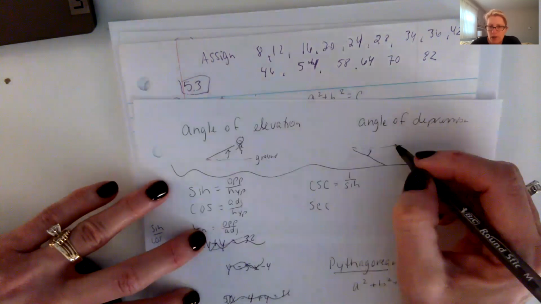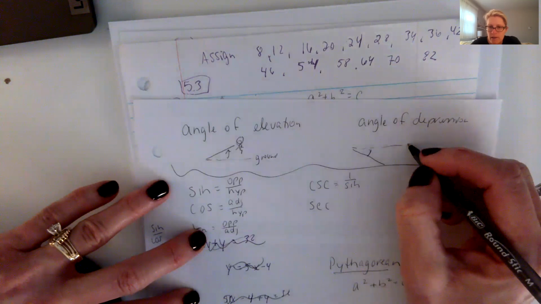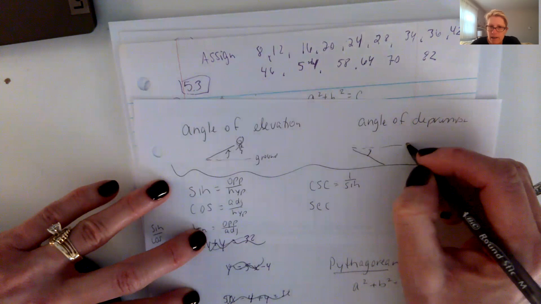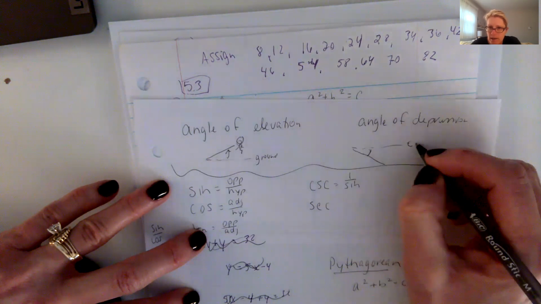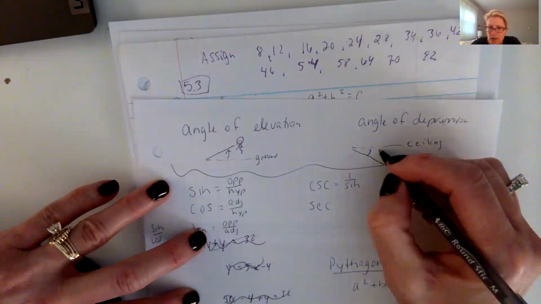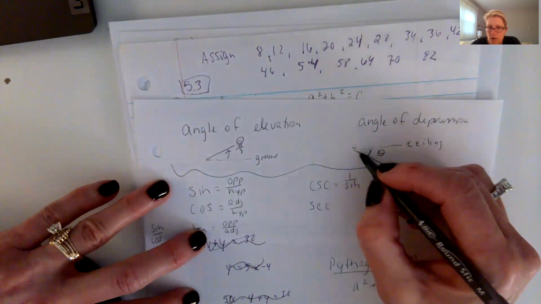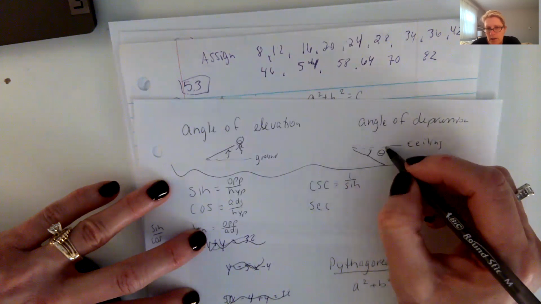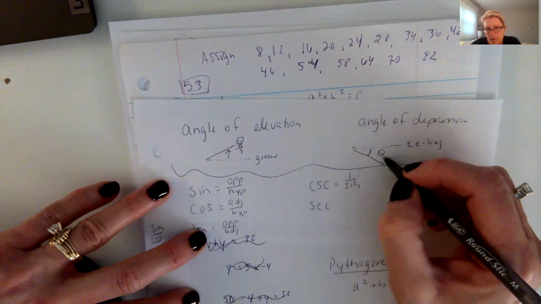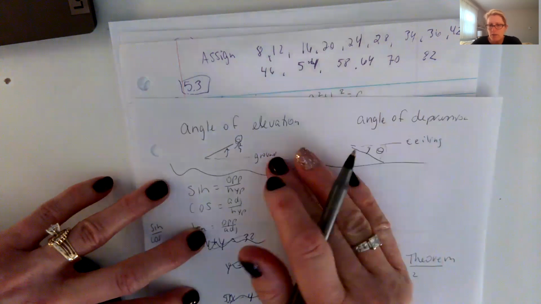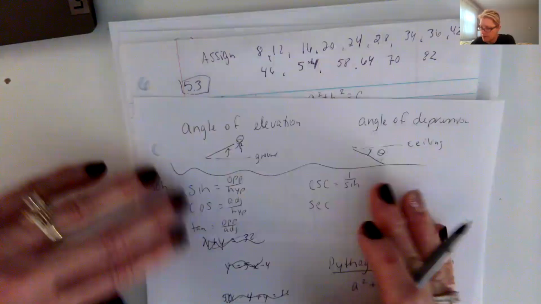An angle of depression means, let's say this is like a ceiling, maybe. The way you could think of it is, if you were holding something down, like lowering maybe a ladder down from the ceiling or something, it's an angle of depression. So we're going to use those two thoughts in a couple of our story problems at the end.